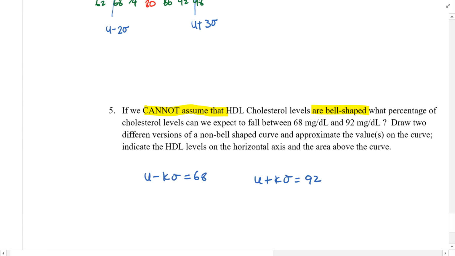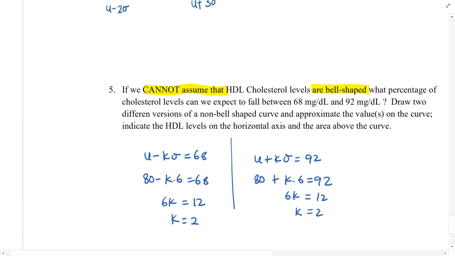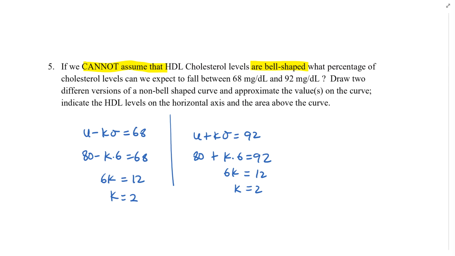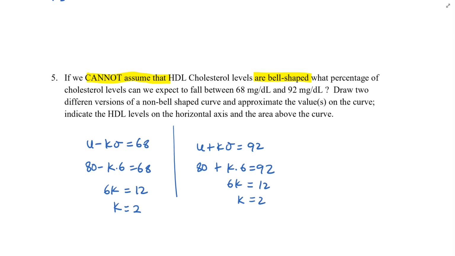We know mu is 80. So I will say 80 minus k times 6 equals 68. I can plug in on the right-hand side as well: 80 plus k times 6 gives me 92. For either equation, when I solve for k, you'll see that k equals 2. I can draw a picture to represent that.